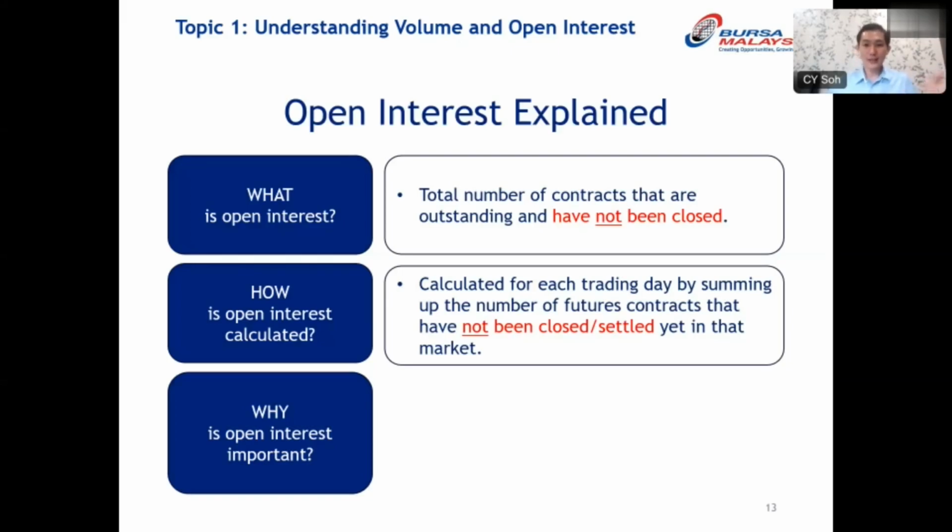Once you enter, there will be one ding dong. When you exit, there will be another ding dong, correct? So volume is like counting how many times the bell actually rang. But open interest is actually calculating how many people are in that particular room, or in the market.